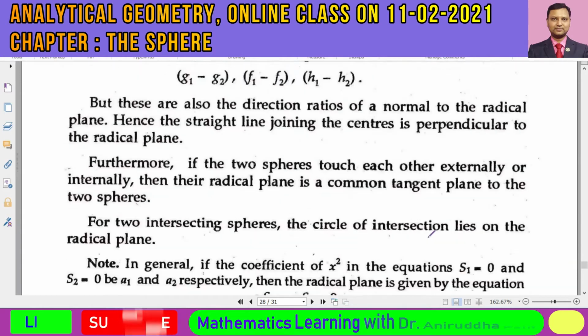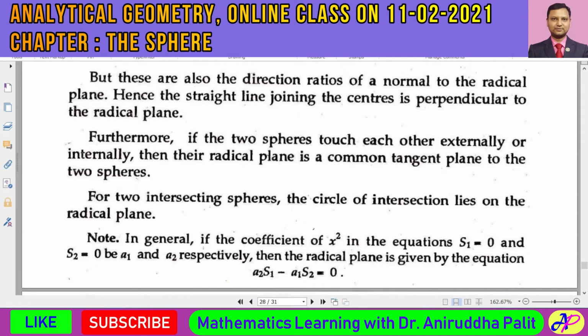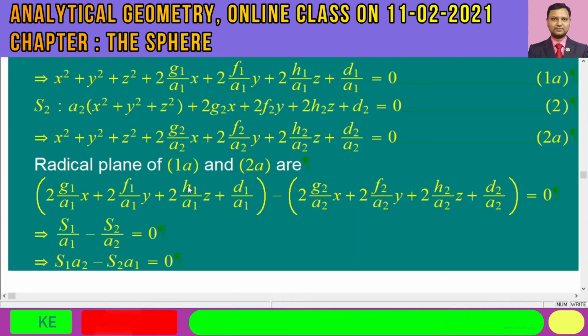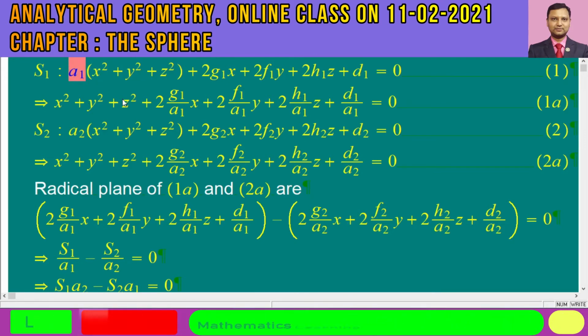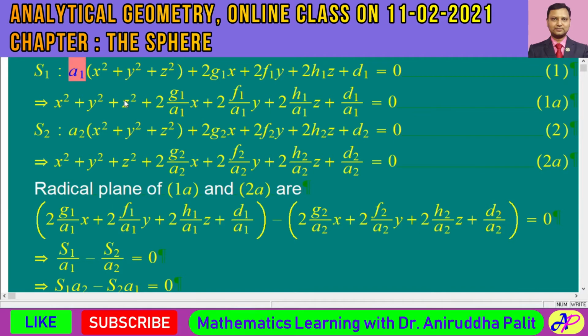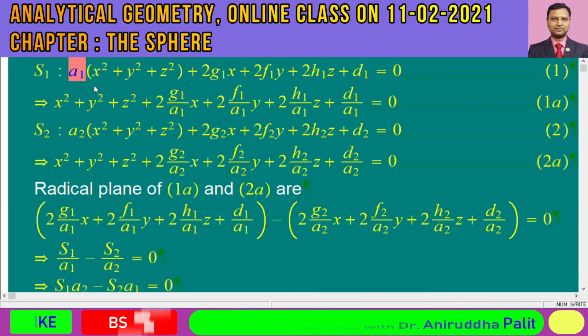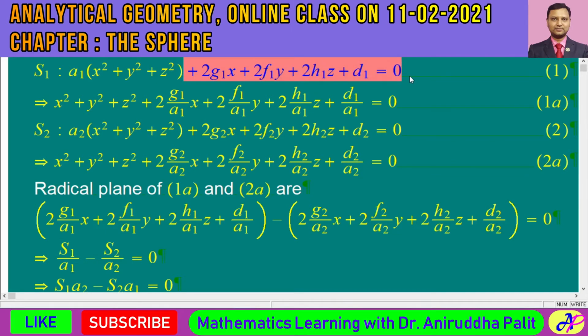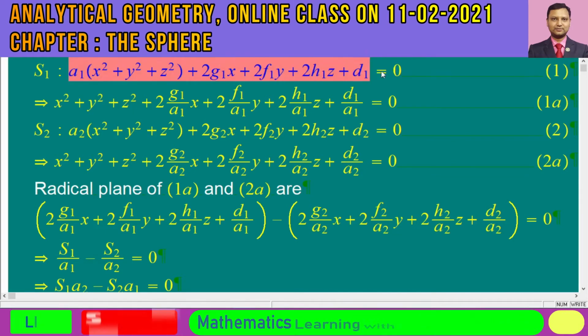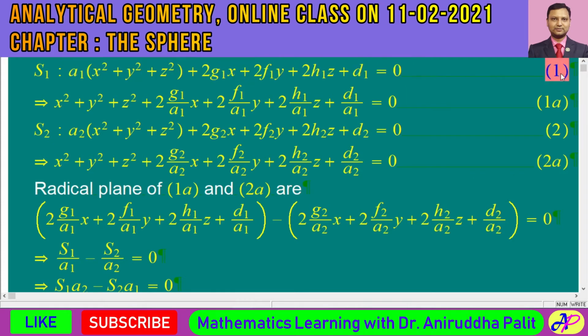And suppose the equations of the spheres are given in this fashion. Suppose the equation of one sphere S1 is one in which the coefficient of x square, y square and z square is not always equal to 1. Maybe the coefficient is equal to a1, and the equation of the first sphere is written in this fashion, given by equation number 1.